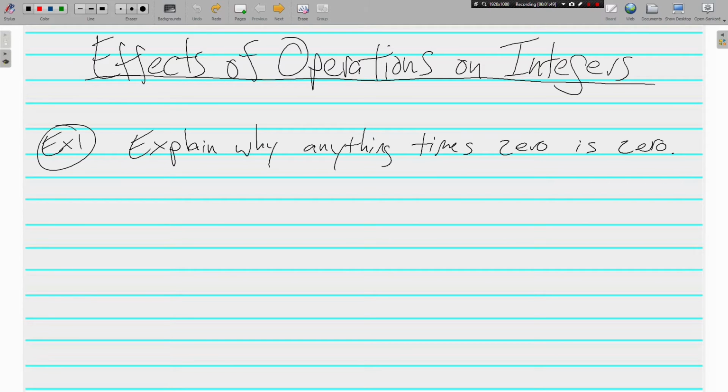I'll write in green. One explanation, there's several things you could put as long as it makes sense and answers the question. But let's say there are 8 groups of 0, you still have 0.